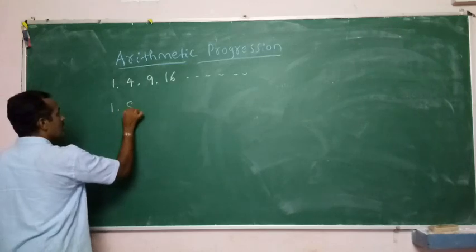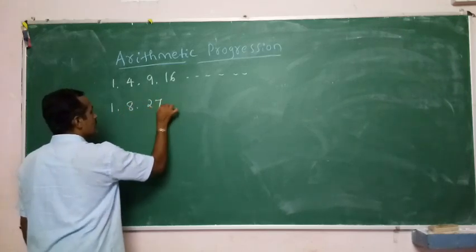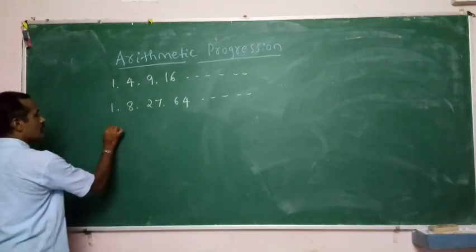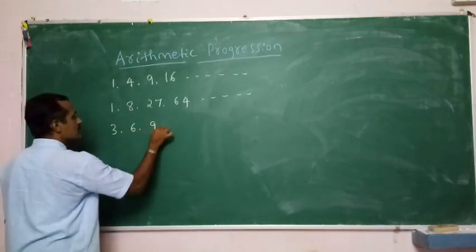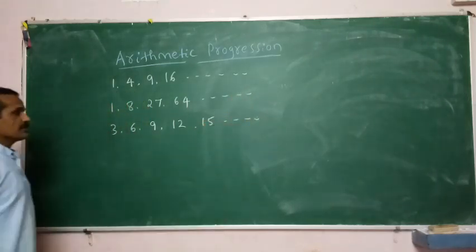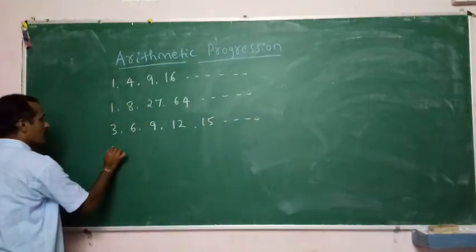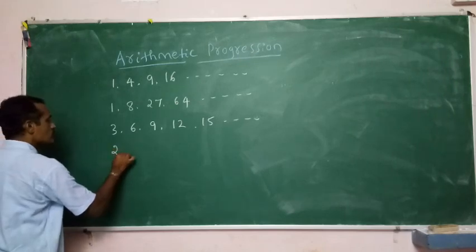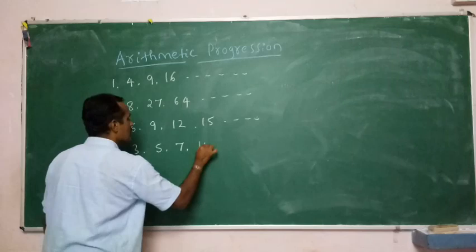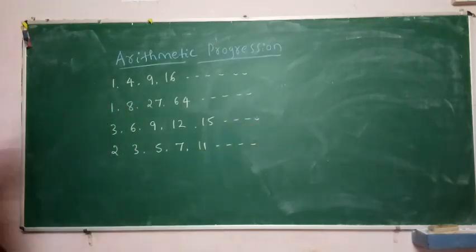1, 8, 27, 64, dash dash dash. 3, 6, 9, 12, 15, dash dash dash. Say it is 2, 3, 5, 7, 11, dash dash dash.